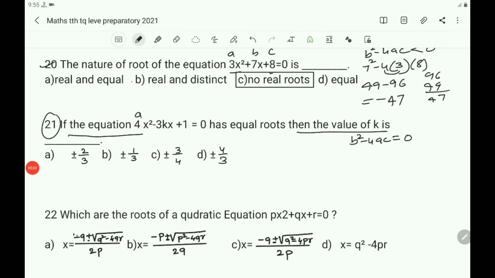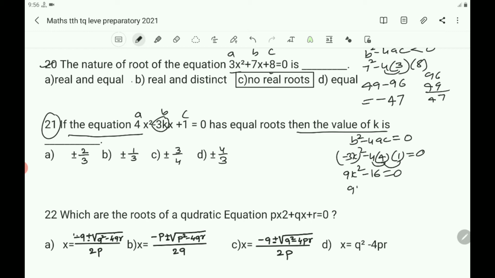Here a is 4, b is minus 3k, and c is 1. So you write minus 3k whole square minus 4 into 4 into 1 equals 0. Minus 3k whole square means 3 square is 9, 9k square, minus 4 4s are 16, 16 1s are 16 only.